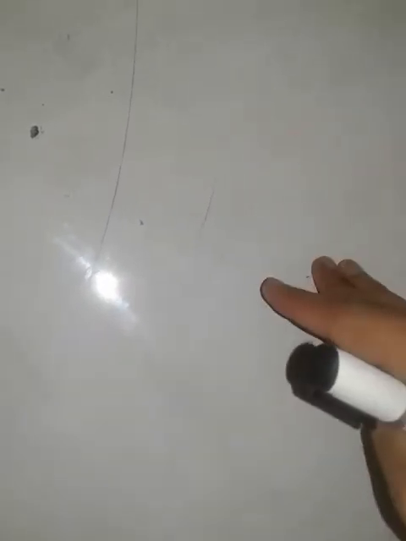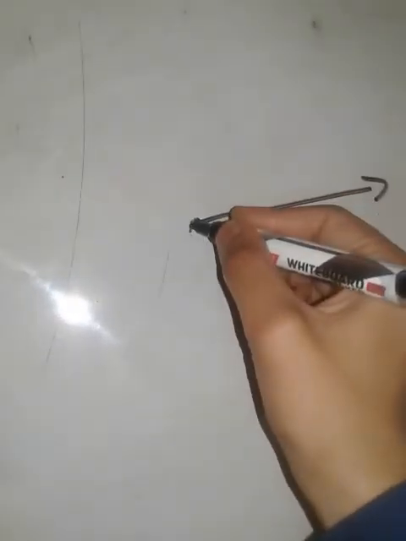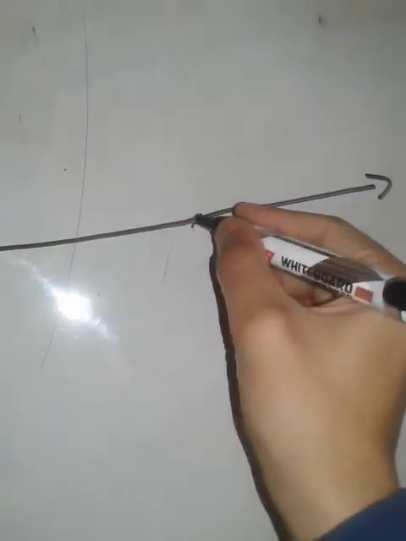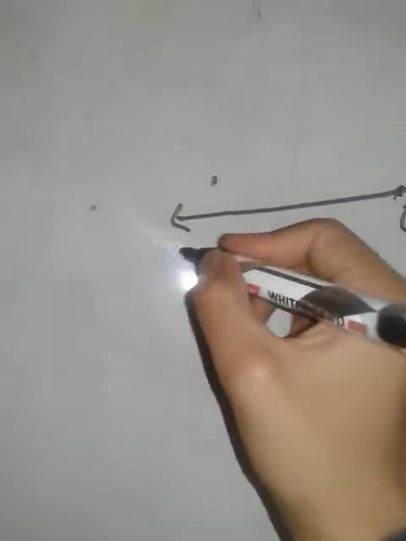Two adjacent angles are said to form a linear pair if their non-common arms form a straight line, like this. Take a look. These are adjacent angles.